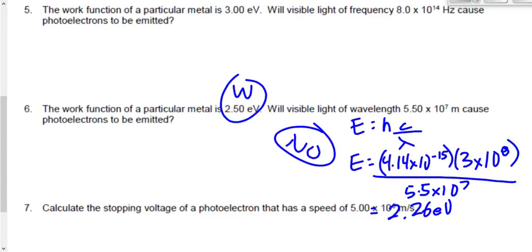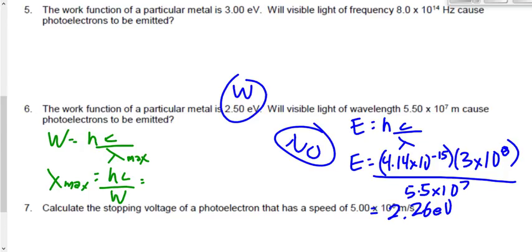Now the other way you can tackle this, though, is to find the threshold wavelength from the work function. We'd say E is equal to hc over lambda max. Solve for lambda max. It's hc over the work function. Once again, I'm going to stick with the electron volts here. You can use joules. You can always use joules. But if you do that, it means converting this to joules as well.